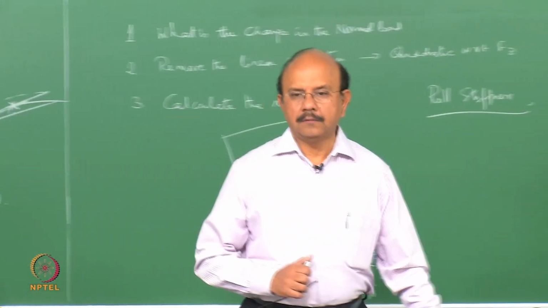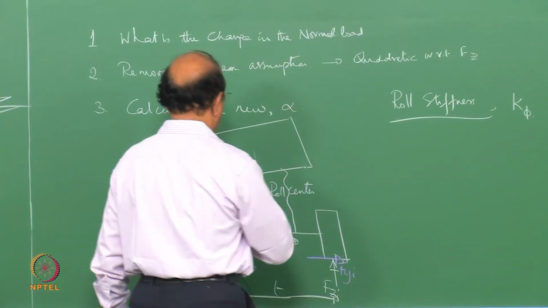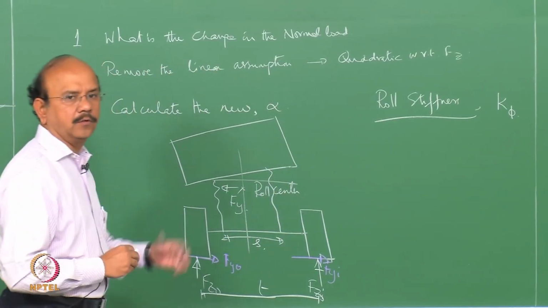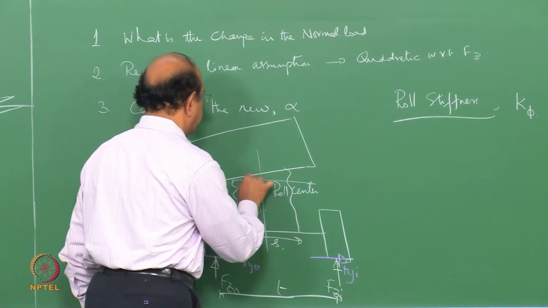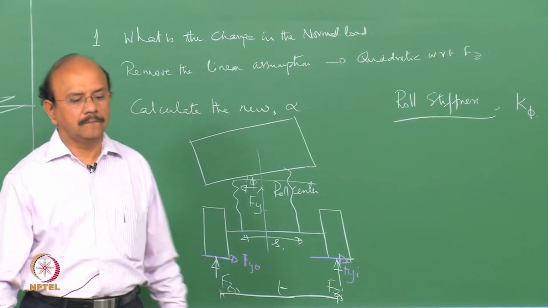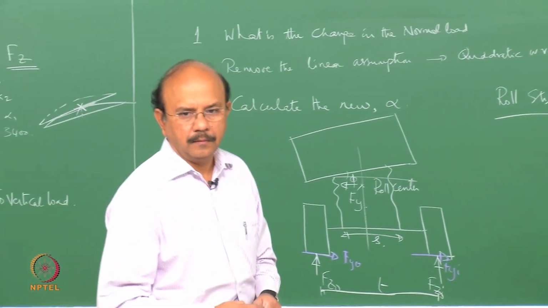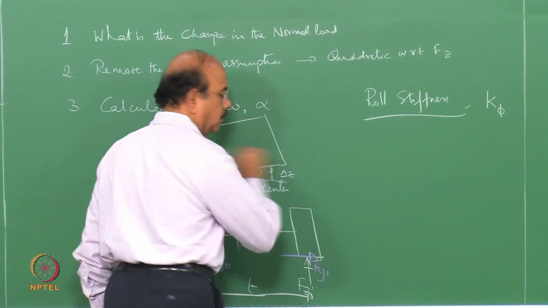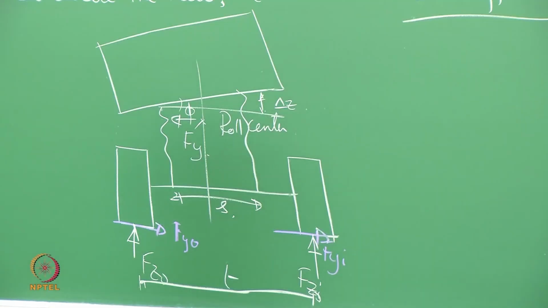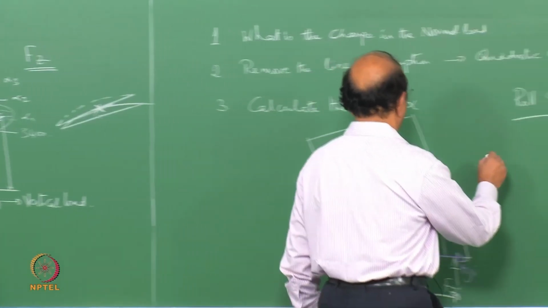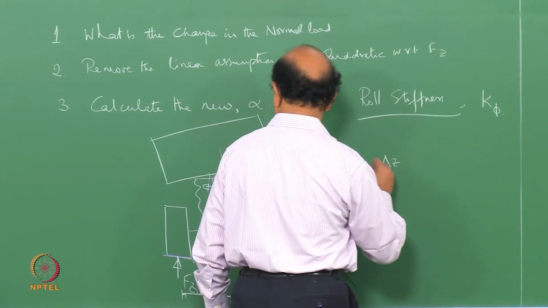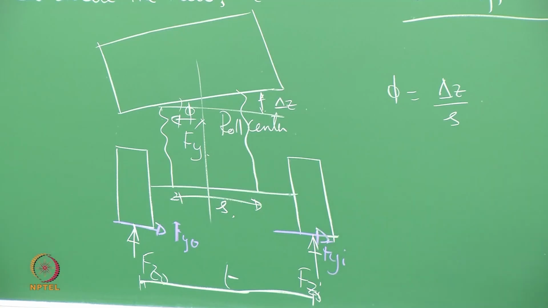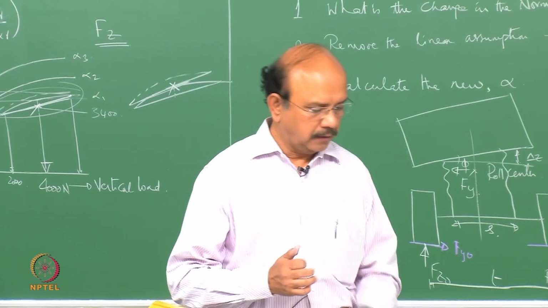Clear? Okay. Now, let's say that the angle to which it rolls is phi. And that difference in the height is delta z, and hence phi is equal to delta z divided by S. Clear?